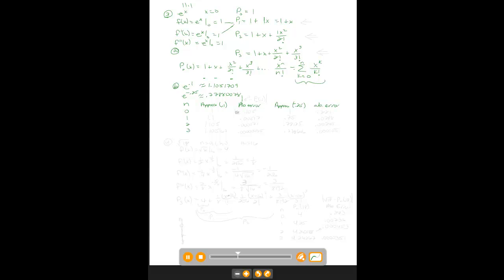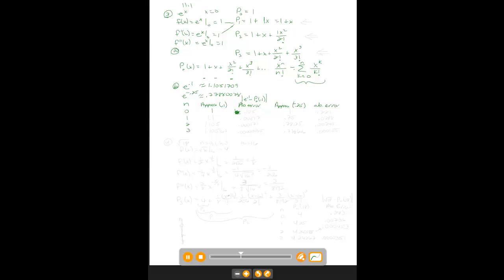Okay, so when n was 0, the function p of 0 is 1. So no matter what you stick in, you get a 1. The absolute error is going to be, let me write it above it, absolute value of e to the 0.1 minus the polynomial at 0.1, whichever polynomial we're at.